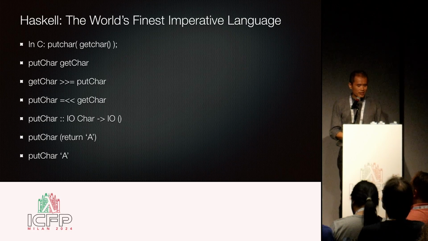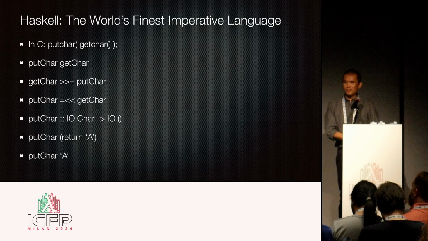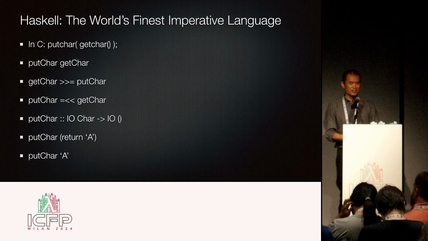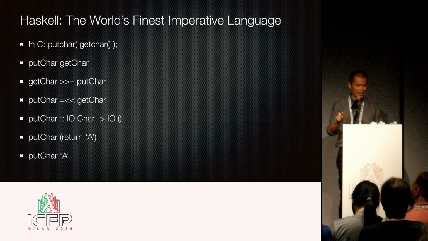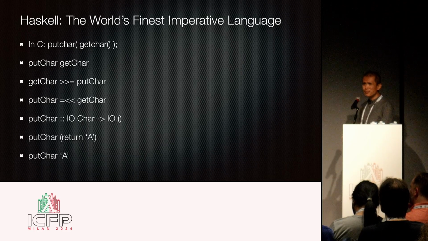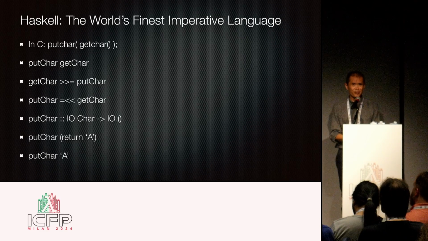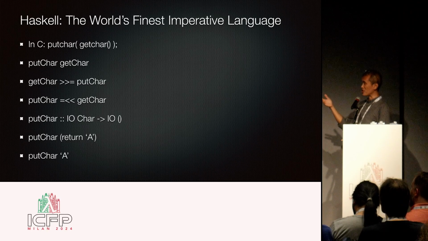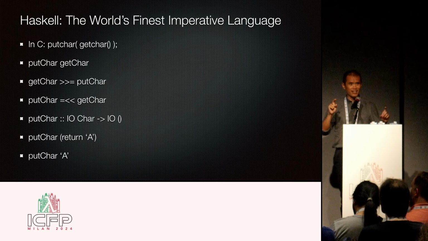So now we have a problem. It seems very artificial, I know. I'll come back to that. Now you have to write putChar return 'A', and it's like, well, the return shouldn't be there. We really should get rid of return, because we really want to write putChar 'A'.